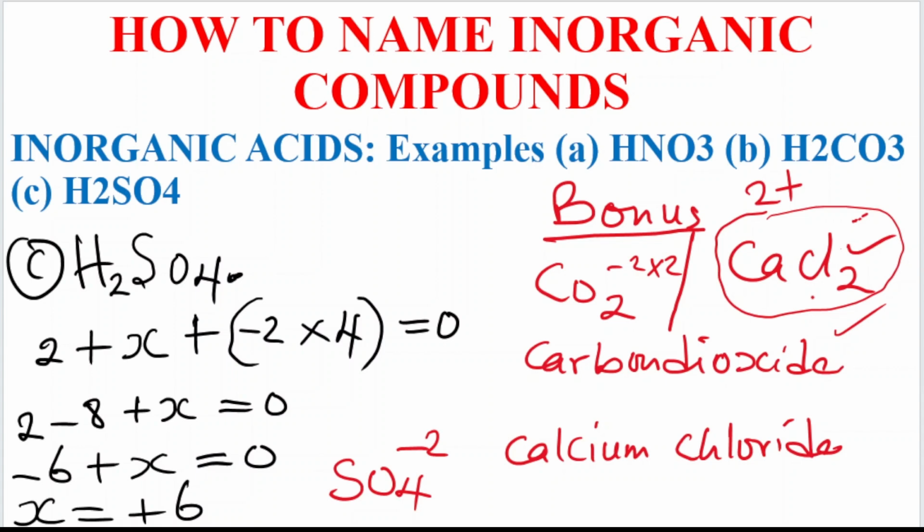Okay, now how about this one? Why do we include it in this case here? Because this is not an ionic compound, this is a covalent compound. Also, carbon does not contain a fixed charge, so we need to indicate the charge it has, so that the person marking our script will know what we are talking about.